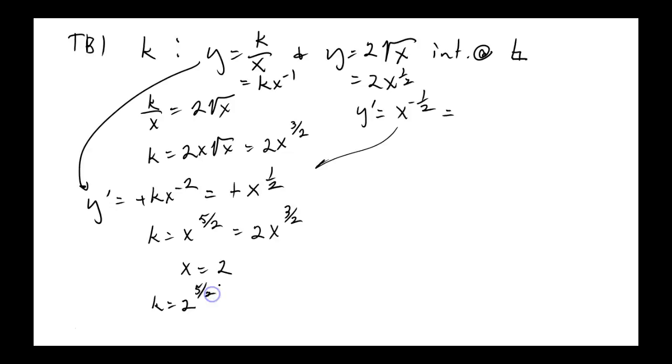In other words, the square root of 2 to the 5th. 2 to the 5th is 32, isn't it? Yeah, 32, and then what can you pull out of that? Square root of 32, which is 16 times 2, so that would be 4 root 2.